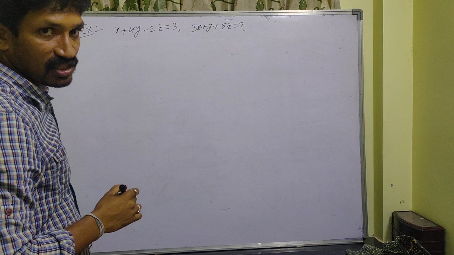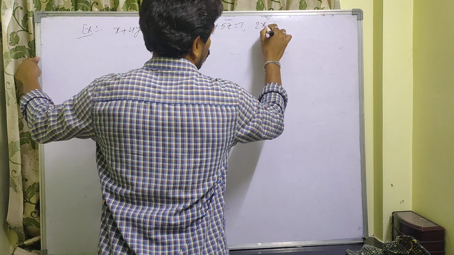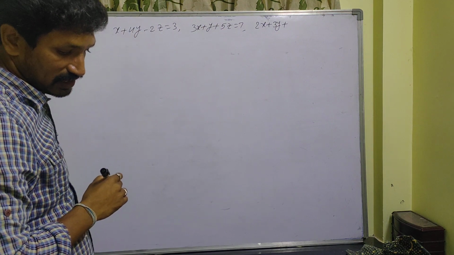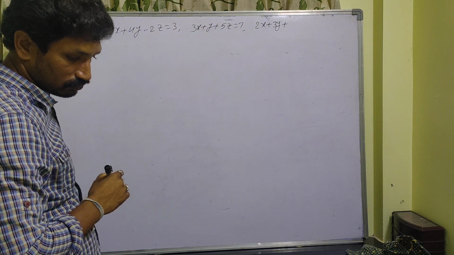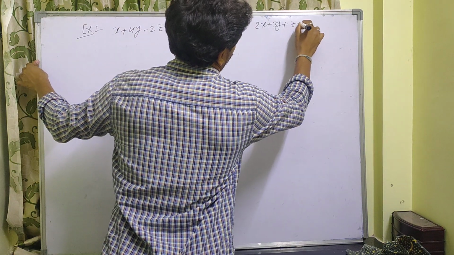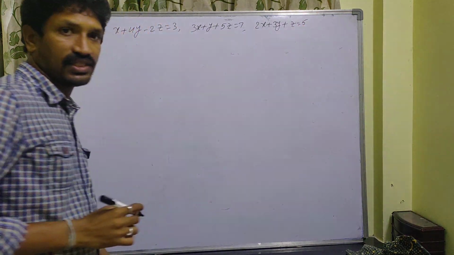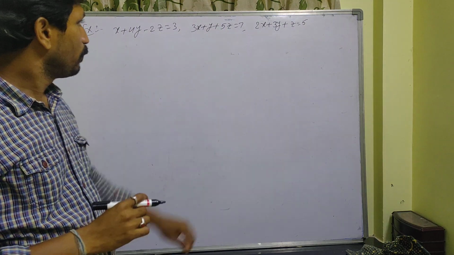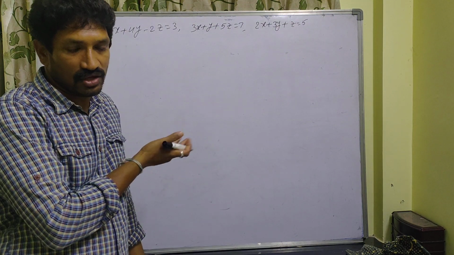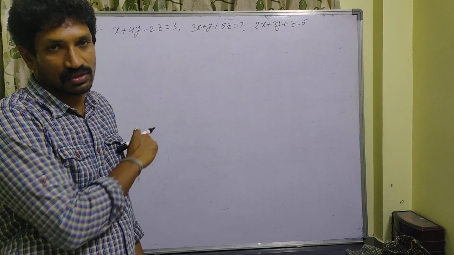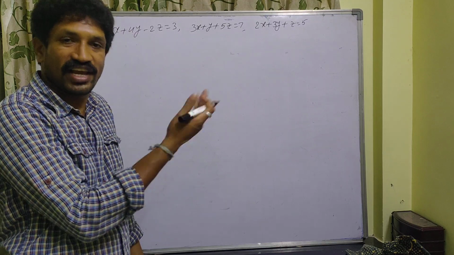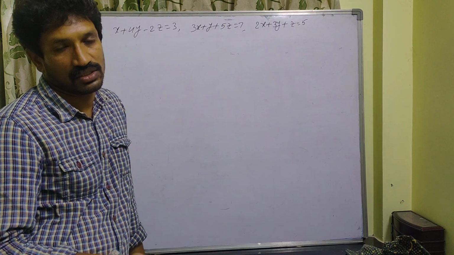And 2x plus 3y plus z is equal to 5. So these are the 3 equations. Examine whether the system is consistent or inconsistent. Or they may ask you like this: find the number of solutions, given options 0, 1 solution, infinitely many solutions, none of these.